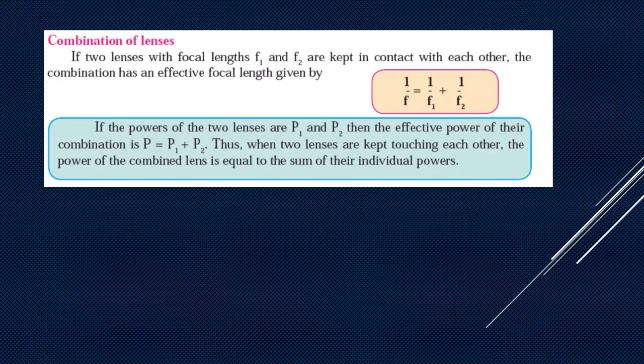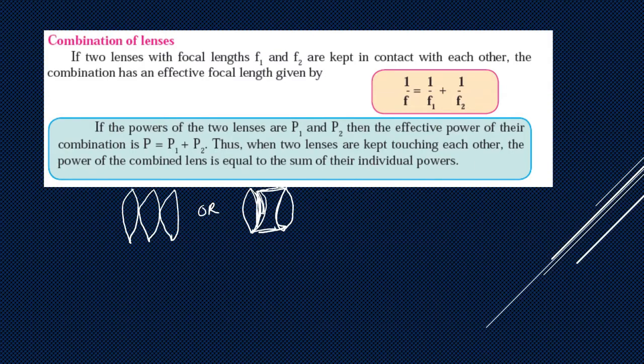Same way, when we have 2 or 3 lenses which are kept in contact with each other like this, or the scenario can be like this, somehow they are kept in contact with each other over here, right? It can be a thick lens.